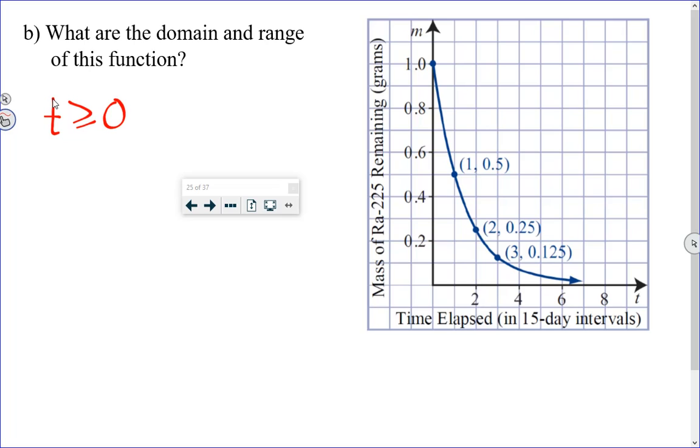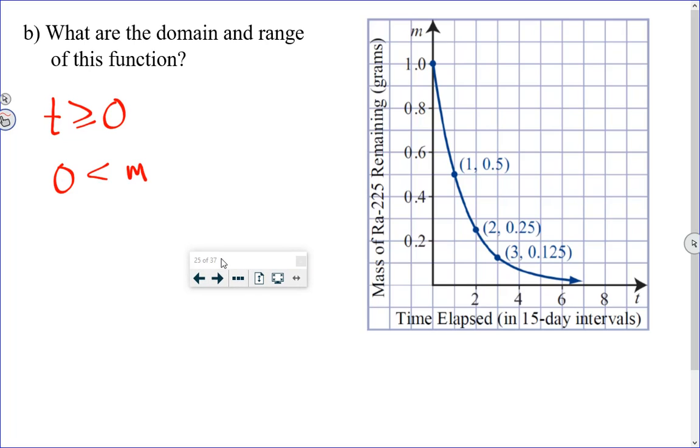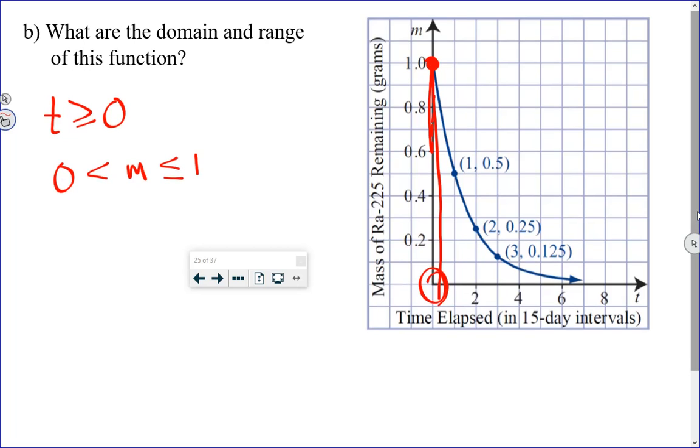The range is that the mass has to be wedged between but not equal to 0 and possibly equal to 1. It can be this value. It can be any of these values coming down here, but it can never reach 0. So that's the domain and range. Questions with that?